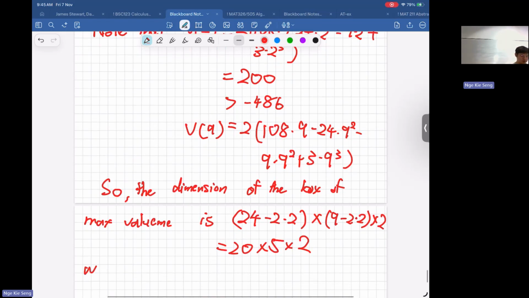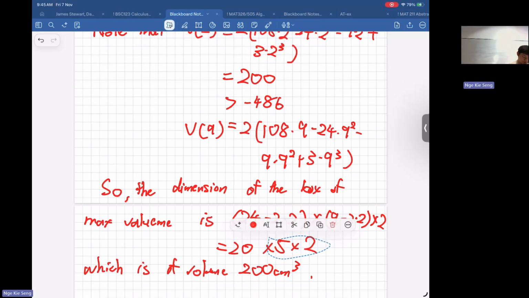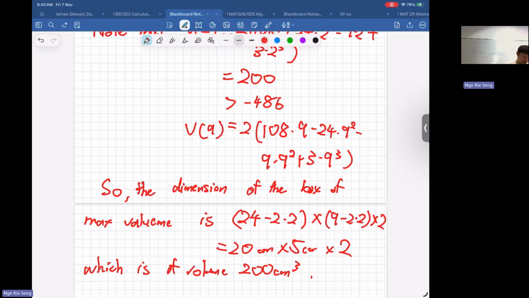So the volume is about 200 cm cubed. I give out the dimensions and I give out the volume. You should write down the unit as well, so they are in cm in the question.